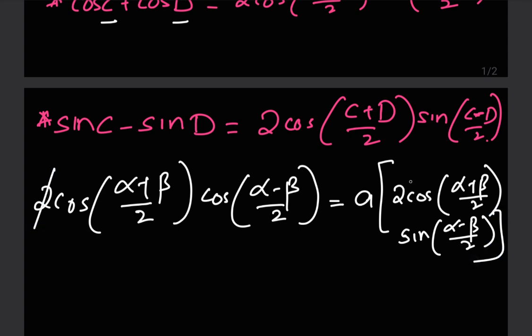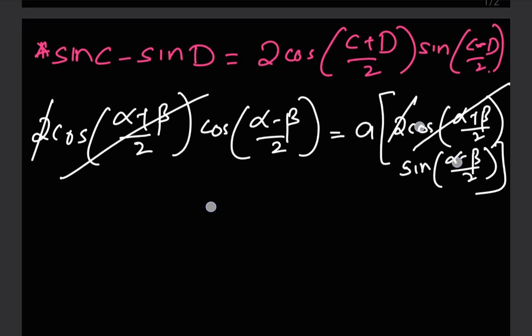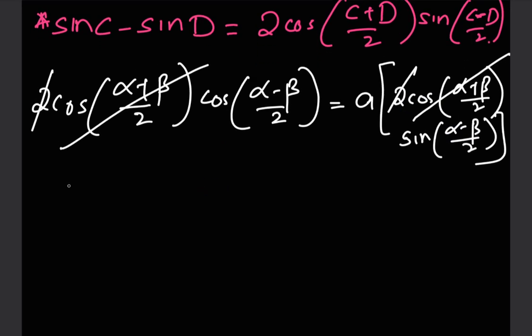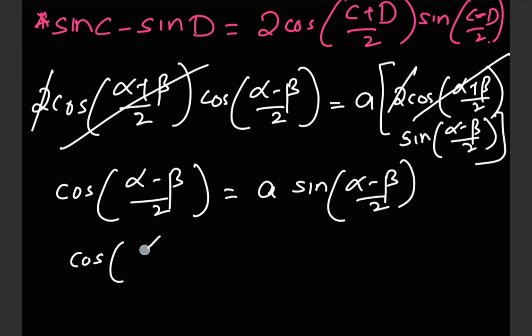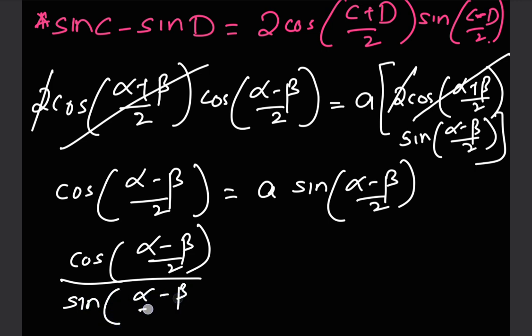Now 2 over here and here gets cancelled. Cos of alpha plus beta by 2, cos of alpha plus beta by 2 also gets cancelled. Now we are left here with cos of alpha minus beta by 2, and in the RHS a into sine of alpha minus beta by 2. Now bring this sine onto the left hand side. Cos of alpha minus beta by 2 divided by sine of alpha minus beta by 2 is equals to a.